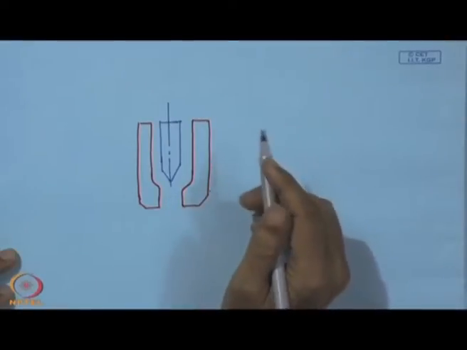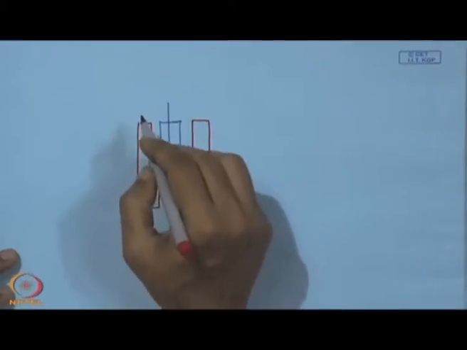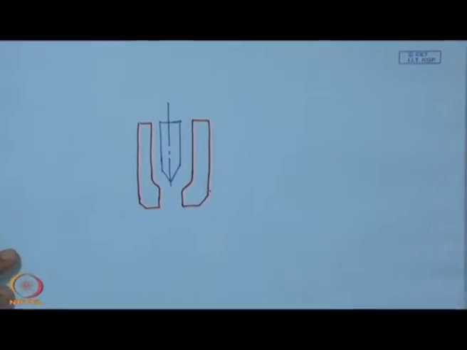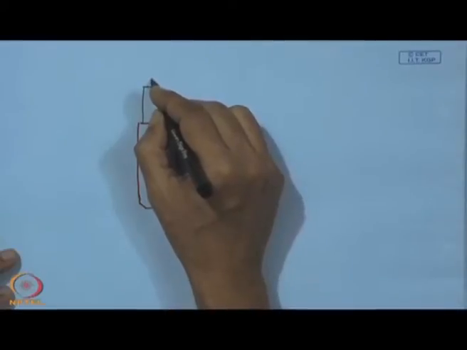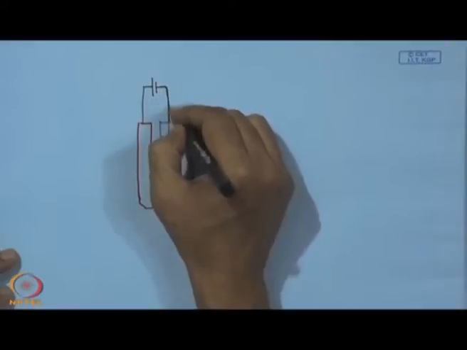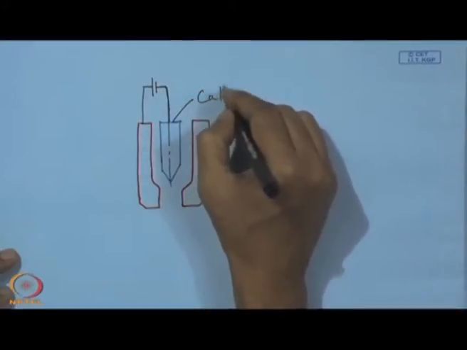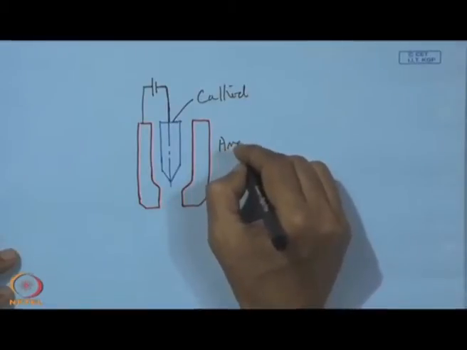So, this is the formation, and those are connected. The connectivity is made this way. This is positively polarized and this is negatively polarized, cathode and anode.